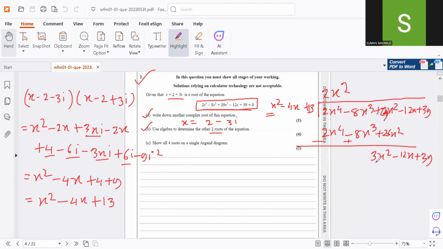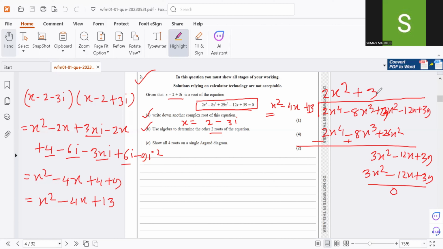So the first term is 3x squared. We have x squared, so multiply by 3. Then we get 3x squared minus 12x plus 39. So the remainder is 0.